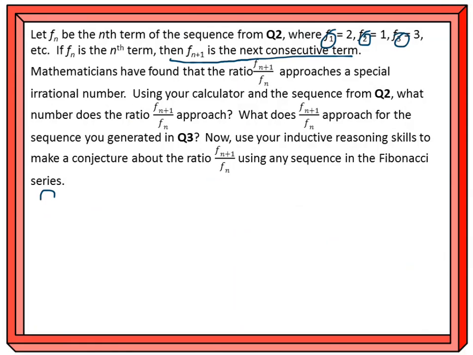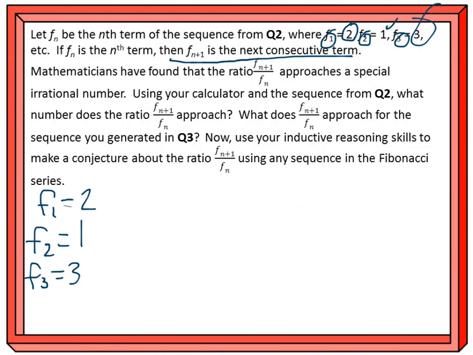So here we're talking about f sub 1 being the number 2 from the original sequence. And then f sub 1 plus 1 would be f sub 2, and f sub 2 is 1 from the original sequence. F sub 2 plus 1 is f sub 3, and that is the number 3 from the original sequence.